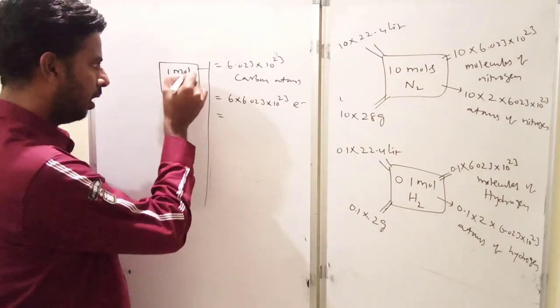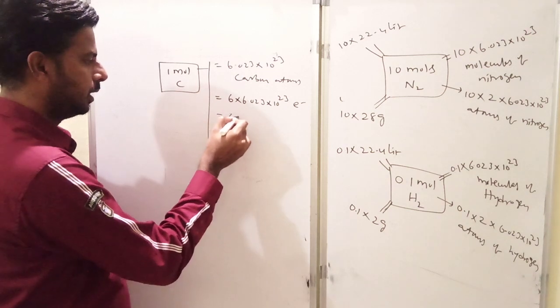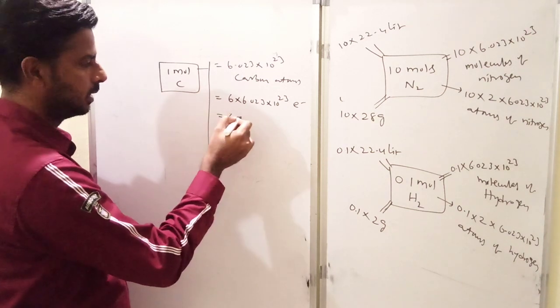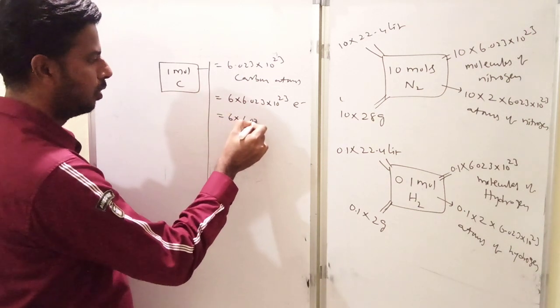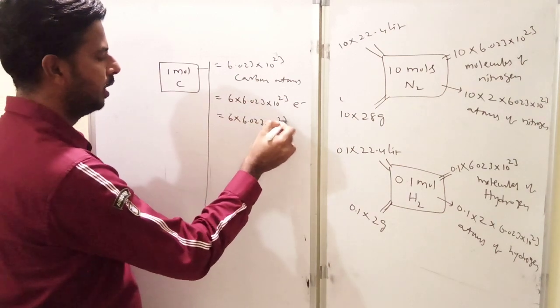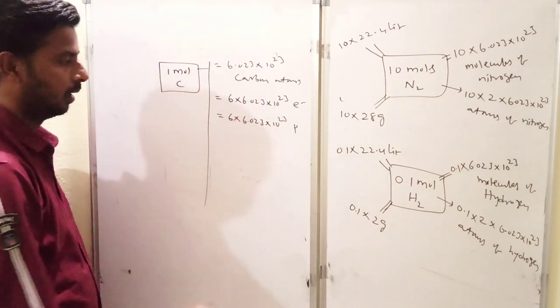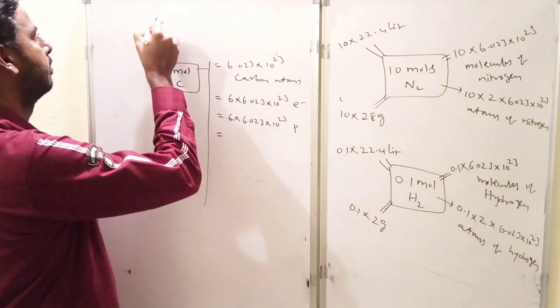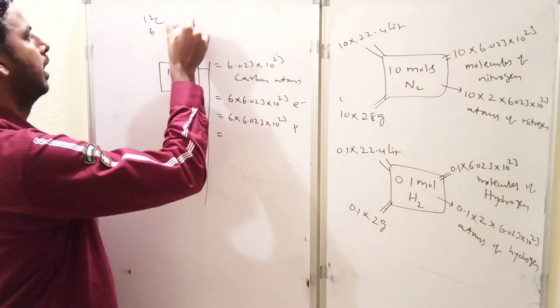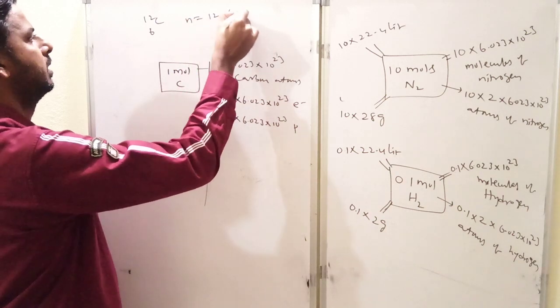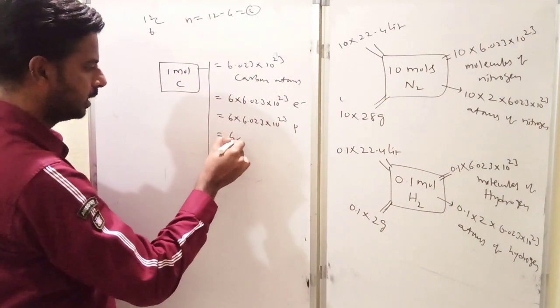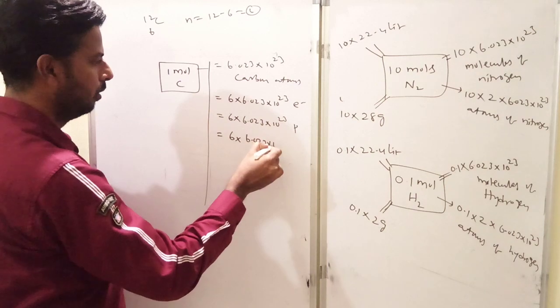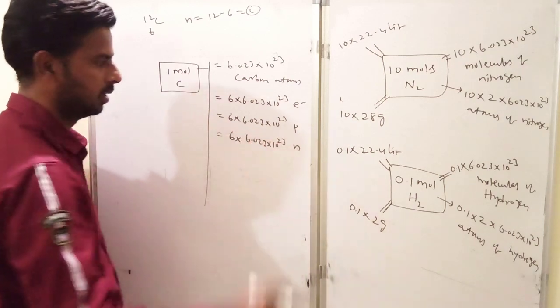Again, 1 mole of carbon contains 6 into 6.023 into 10 power 23 protons. How many neutrons does it contain? Carbon is symbol 6, 12, so the number of neutrons equals 12 minus 6, which is 6. So again 6 into 6.023 into 10 power 23 neutrons.